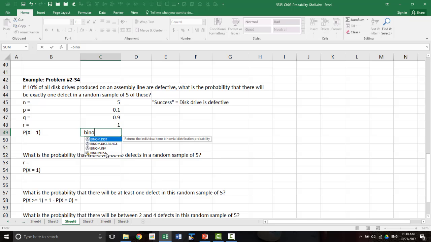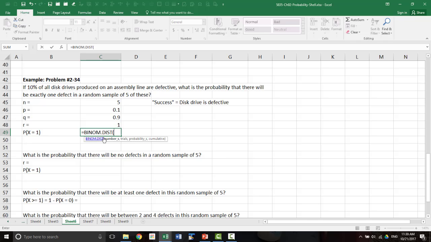This is a legacy function from before Excel 2007, I think. I don't know when exactly the new functions were introduced. You should never use the legacy function.